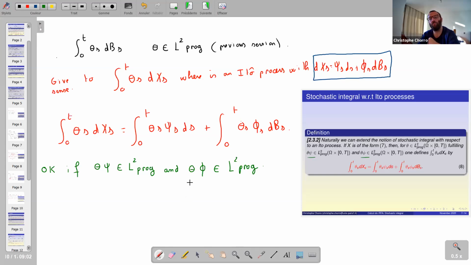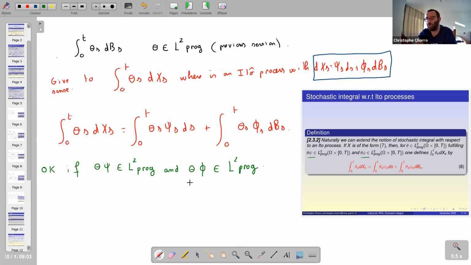So you have a natural way to extend what I have done for stochastic integral with respect to the Brownian motion and to extend it to Ito processes through the Ito decomposition. And the only thing I have to be careful with is the integrability conditions in order to give sense to the Riemann integral part and to the stochastic integral part.